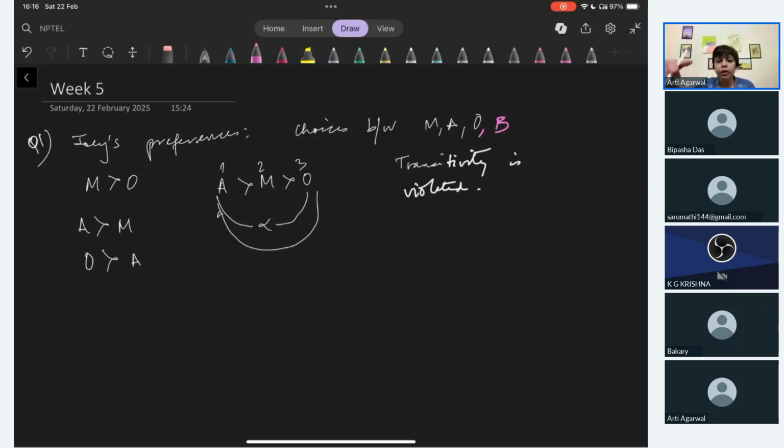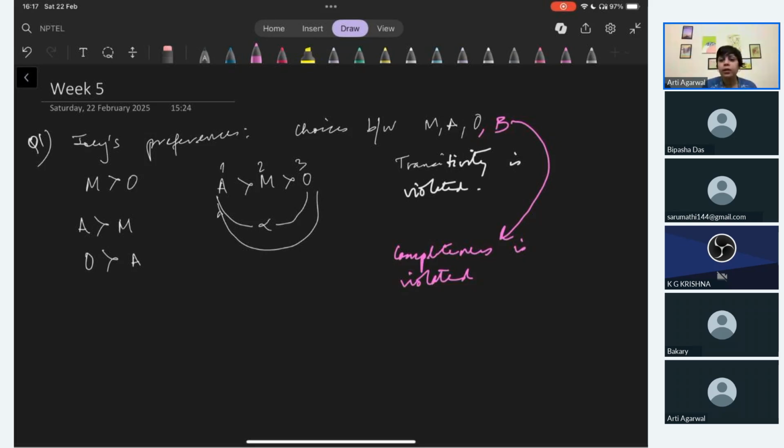So if that were the case, then we would say that completeness is getting violated, because one of the items in the consumption set does not have any ranking, and that is not possible in a well-defined preference relation. Here it's complete because we have a relation defined between each of the items in the consumption set.